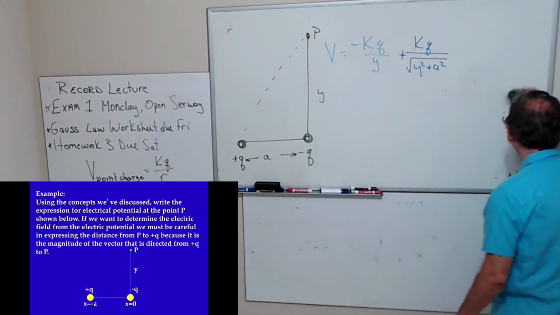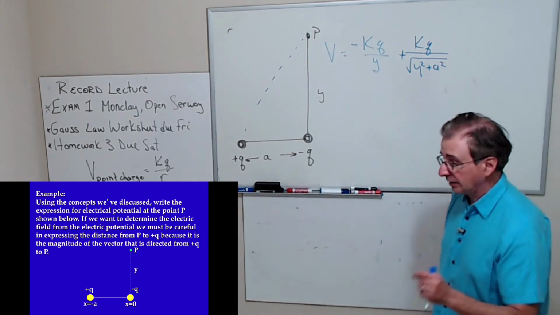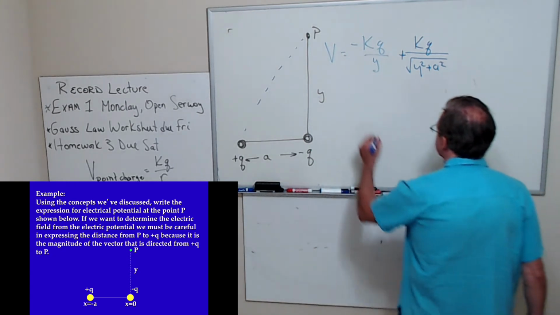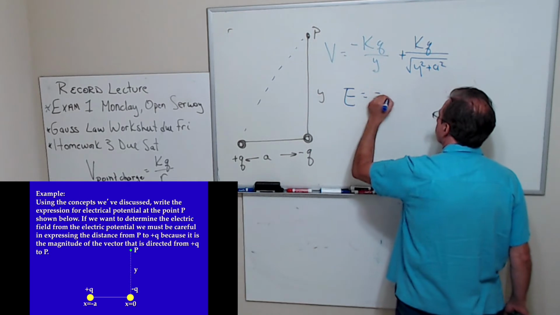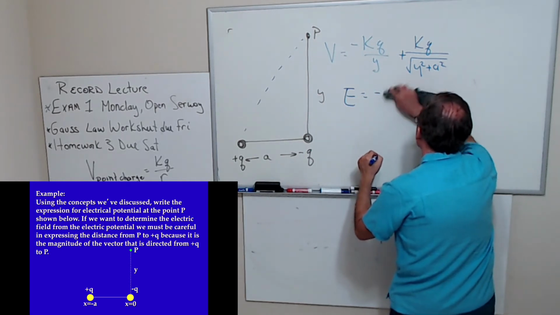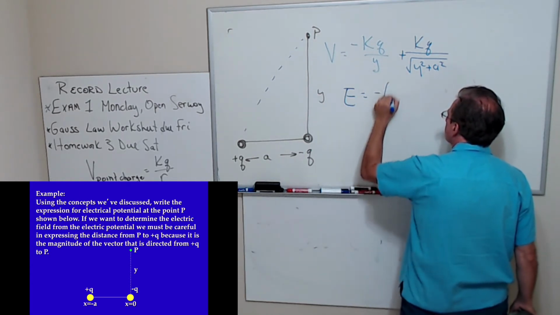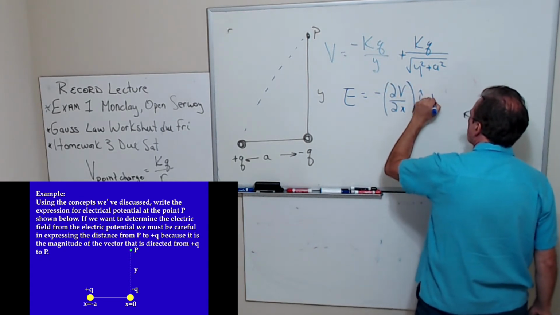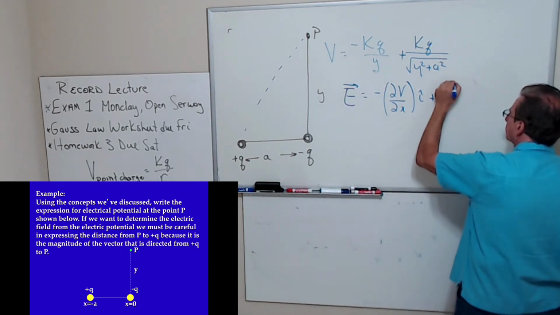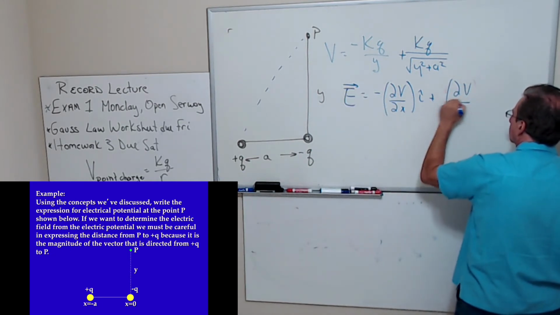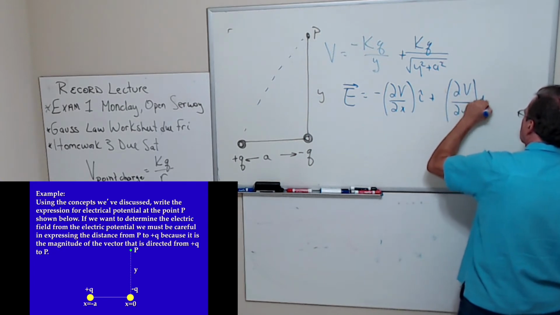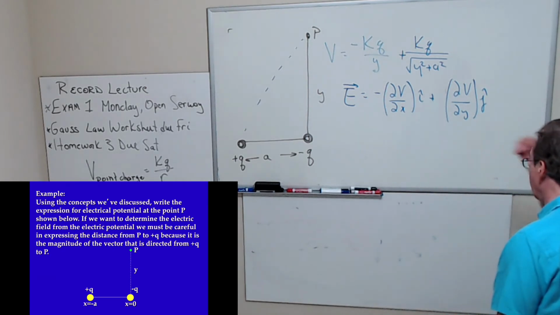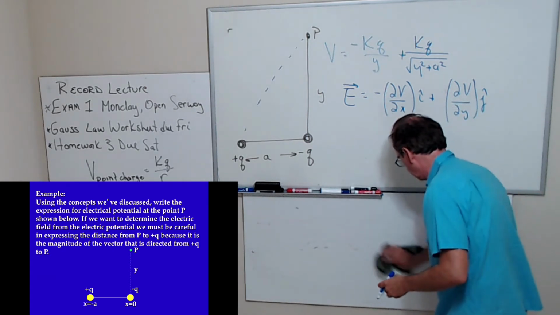So what I want to do is calculate the electric field. I want to know E. This is a two-dimensional problem, so I'm going to write it like this. It's the derivative of the electrical potential. On an exam, most likely I'd have you do one component.